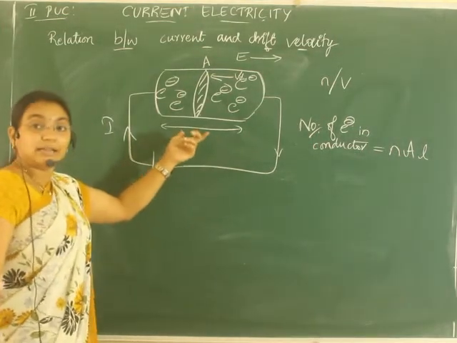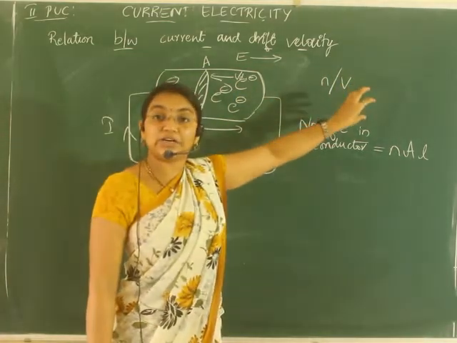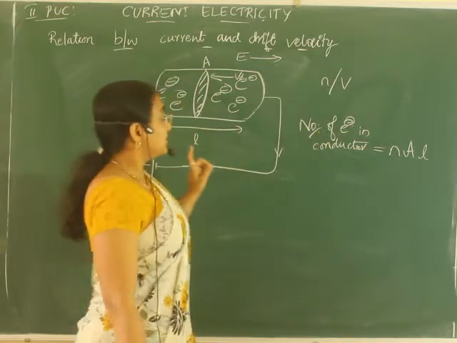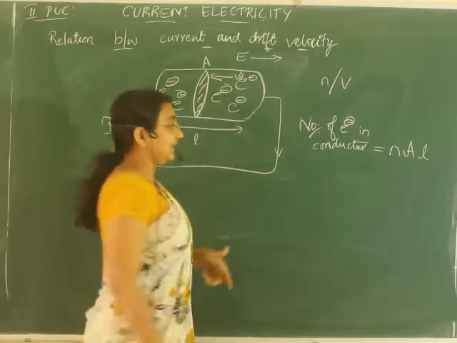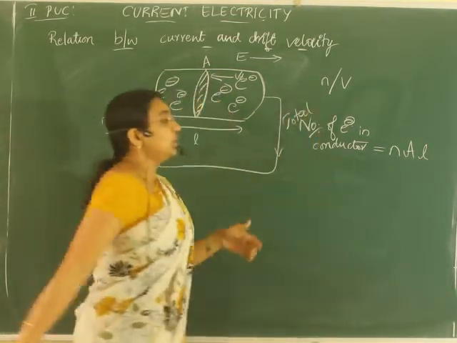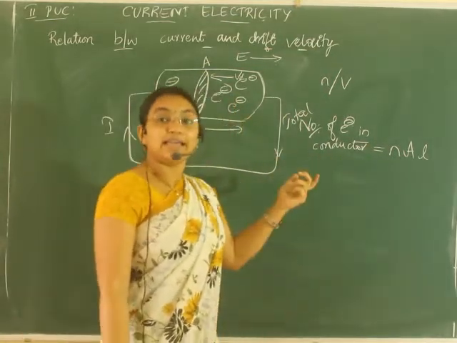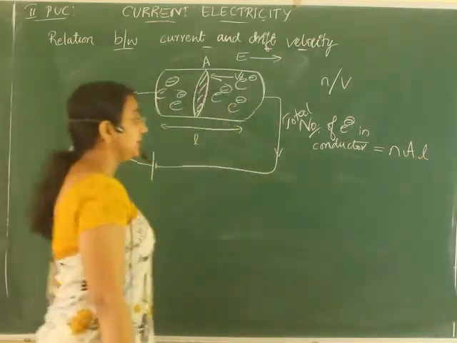How to calculate the number of electrons? Actually, n is the number of electrons per unit volume. Okay. So the total number of electrons in the conductor is, I'll write here total so that you will understand better, correct? Total number of electrons in the conductor is n into A into L.